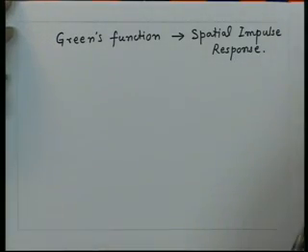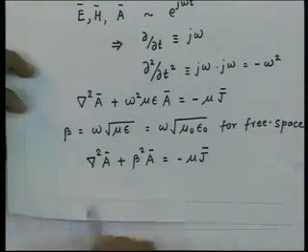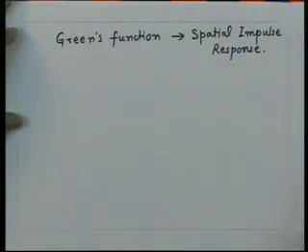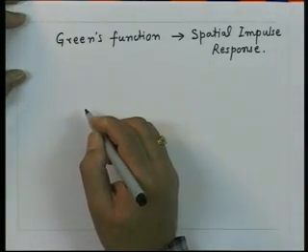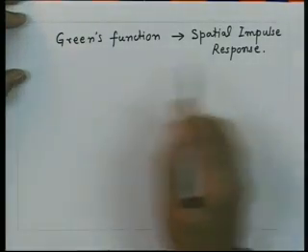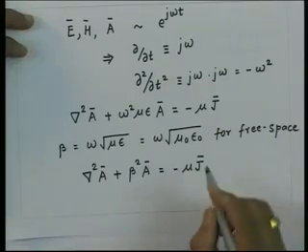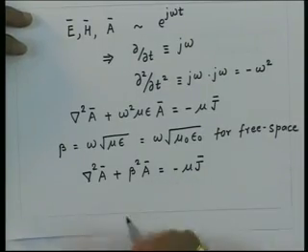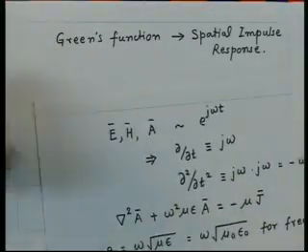So, if I take this equation as we said and replace this quantity A by a scalar function, so let us say I have the scalar function which is denoted by psi. So, this equation essentially can be written in terms of psi, and if I replace the right hand side by a delta function in space, then the solution which I am going to get to that equation we call the Green's function.